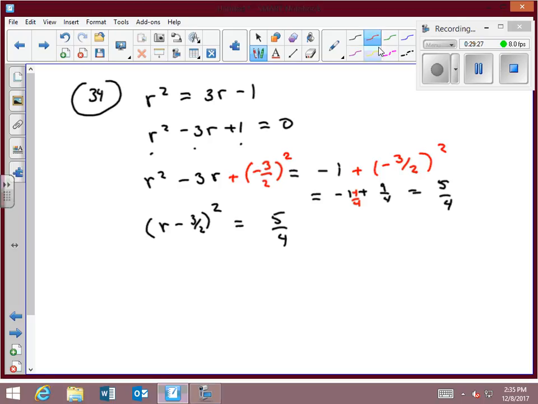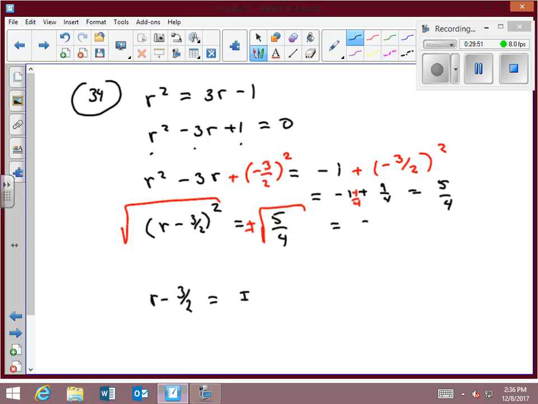Now we're ready to take the principal square root on the left, plus or minus the square root on the right. That is r minus 3/2 equals, on the right-hand side, do you see that?